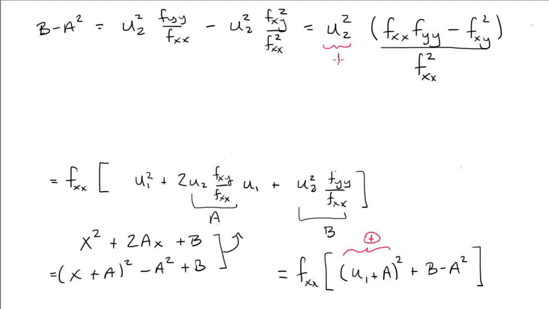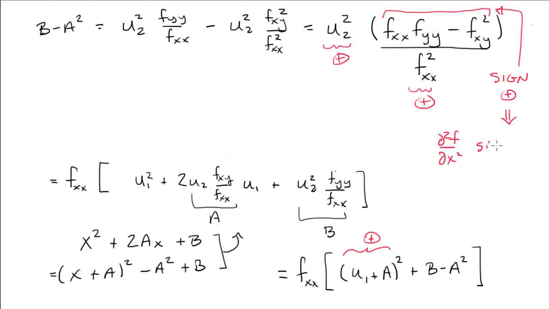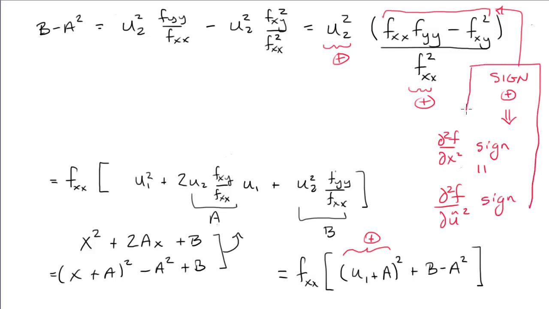b minus a squared, positive term, positive term. So if this is also positive, then my second x derivative has the same sign as my second partial derivative in any direction. So both max and min are covered with this case.